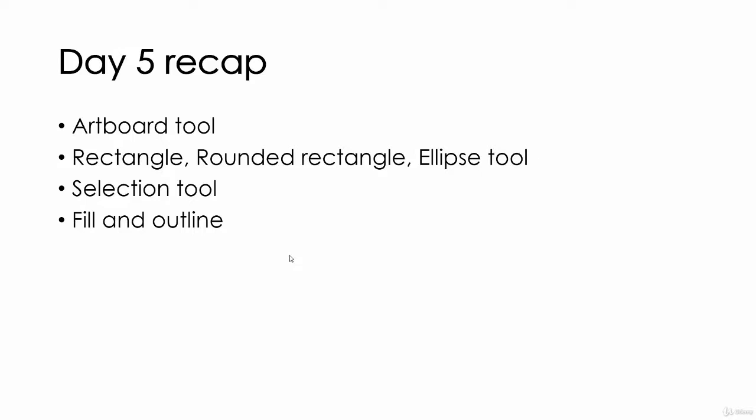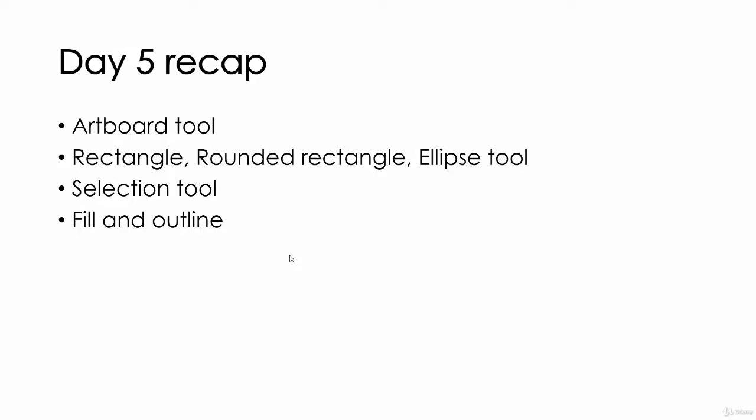So moving on, we learned about the rectangle tool, rounded rectangle tool and ellipse tool. These tools are used to create rectangular, rounded rectangular and circular shapes. Along with it, we saw the use of Shift, Alt, and the up and down arrow keys and how they provide an extra level of control over our shapes.